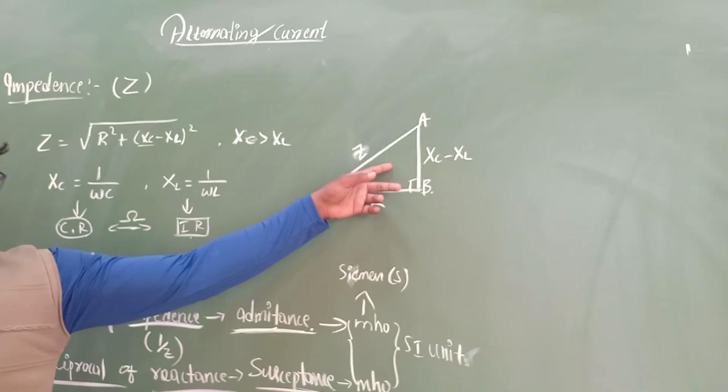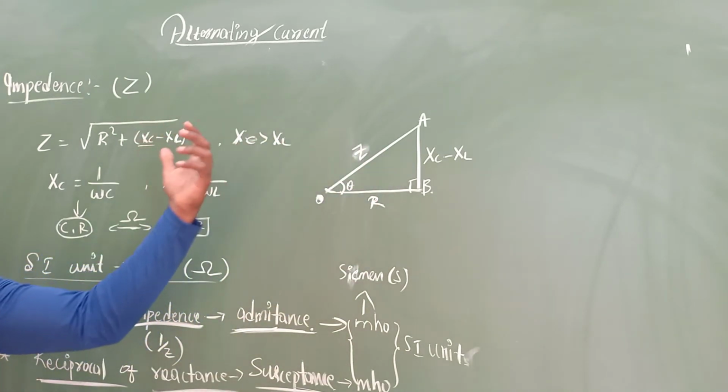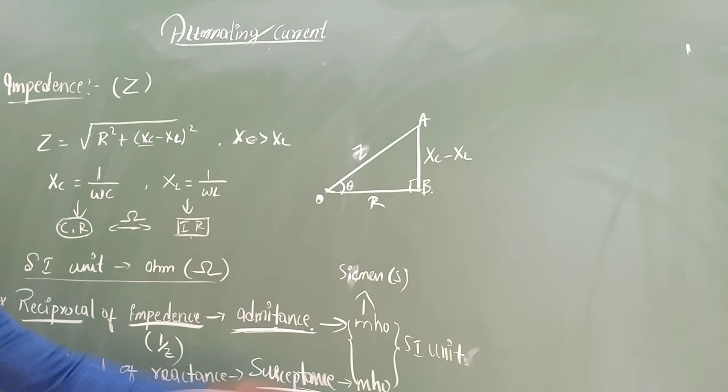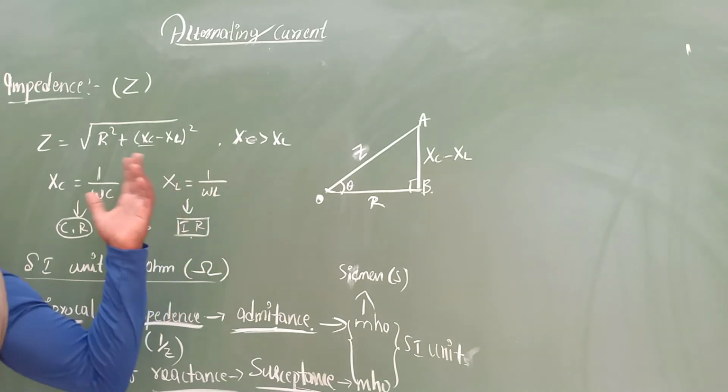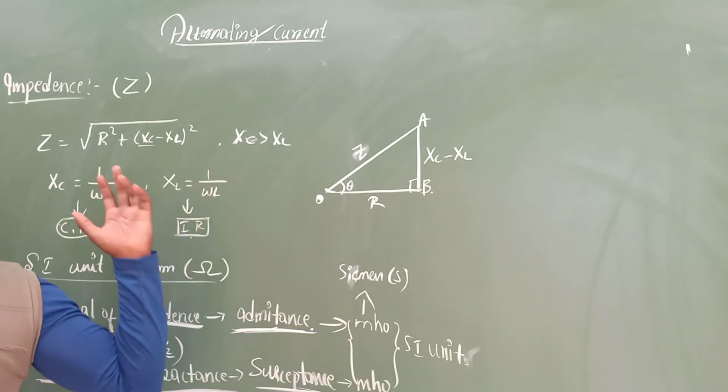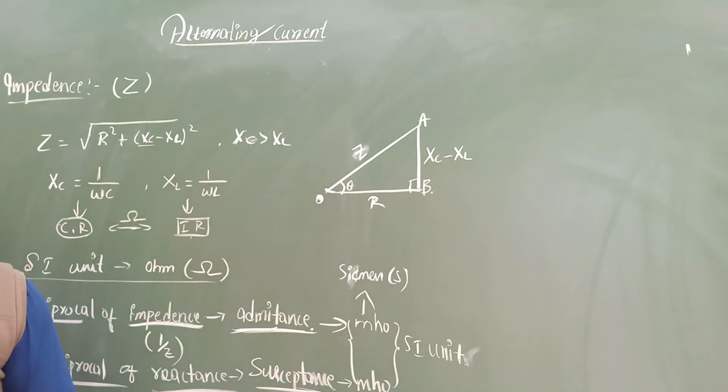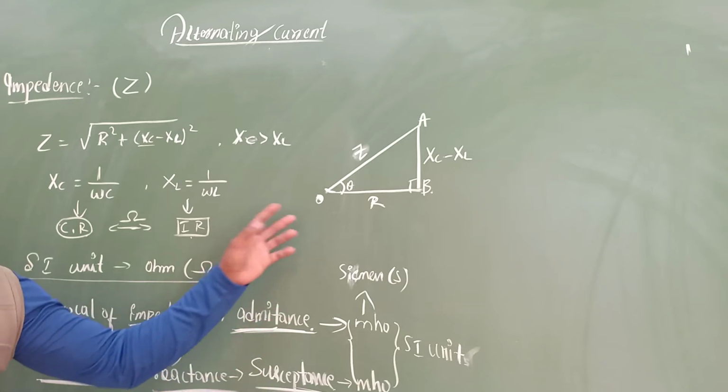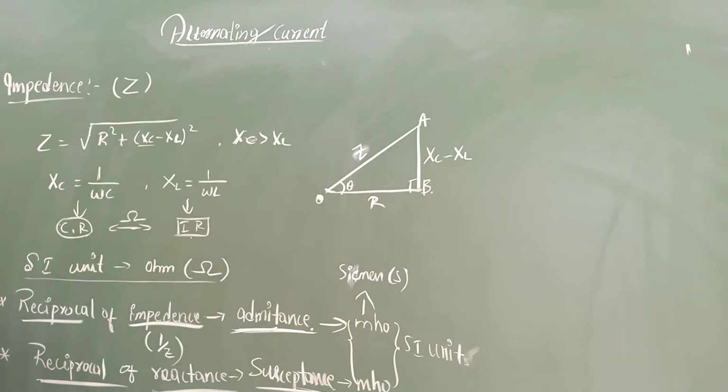This one we took there in the phasor diagram, correct? While solving by using the phasor diagram, there we got the values. Similarly here this will be the formula. Just go through that. If you want to find the value of sine, cos or tan, you can easily get it. This is all about impedance and related things.